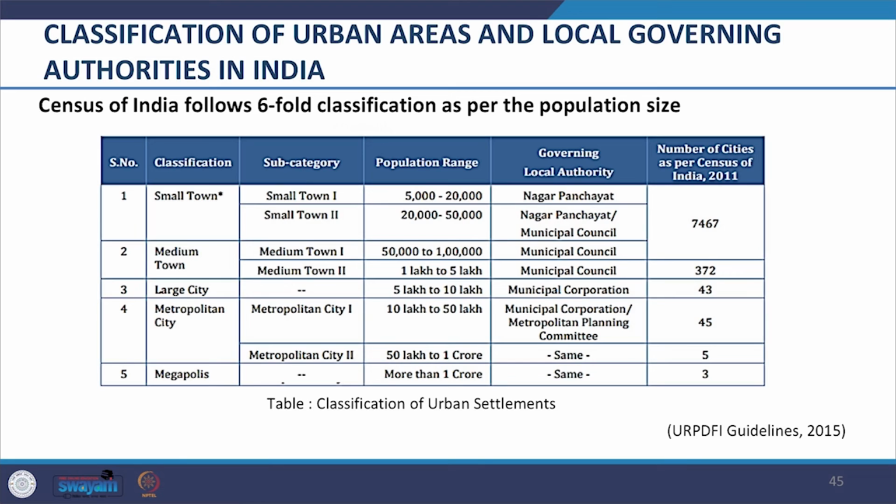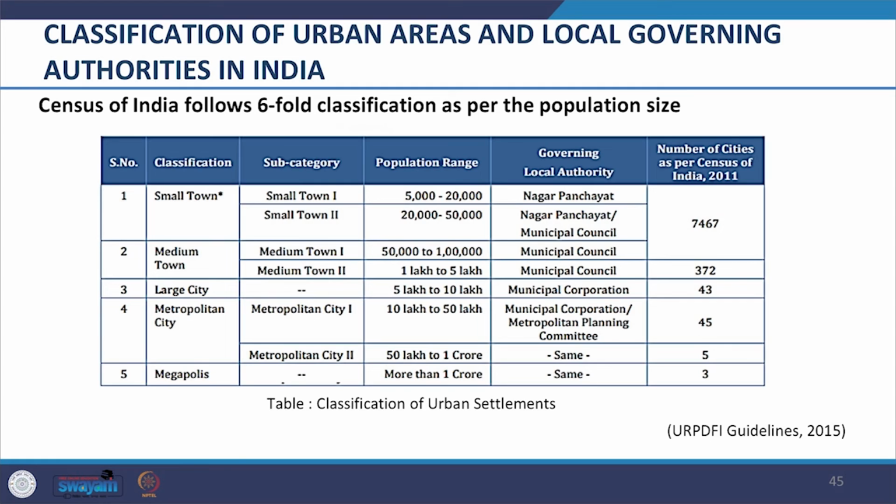5,000 to 20,000 is identified as small town 1, and the local authority, which is usually for this size of population that is almost transforming into urban area, is Nagar Panchayat. We see small town 2, which is 20,000 to 50,000 in size. Usually they have the local authority as Nagar Panchayat or Municipal Council.